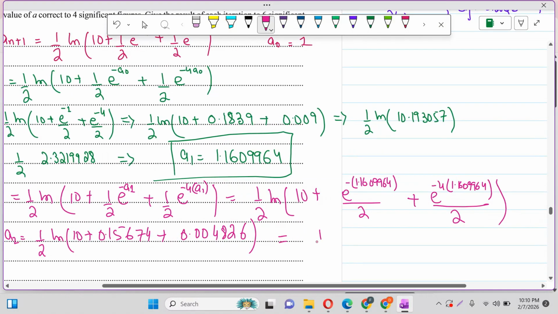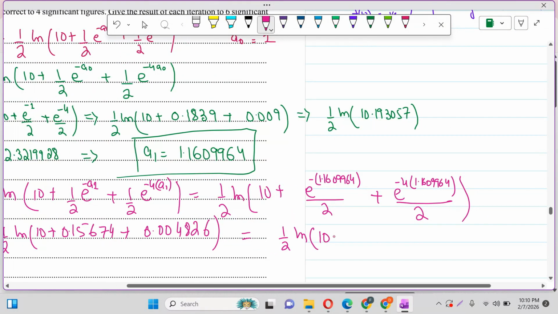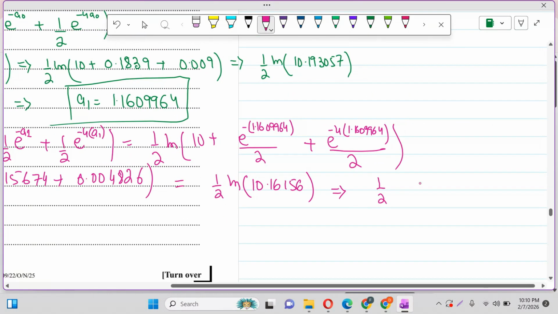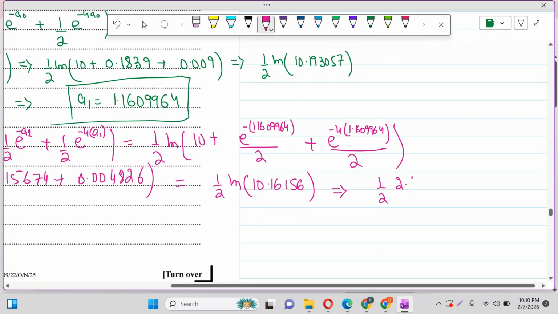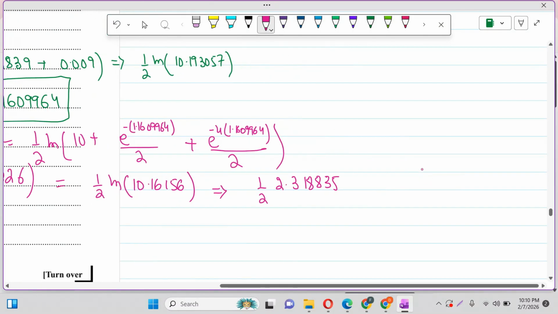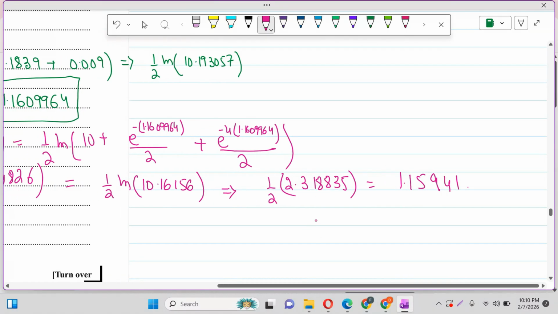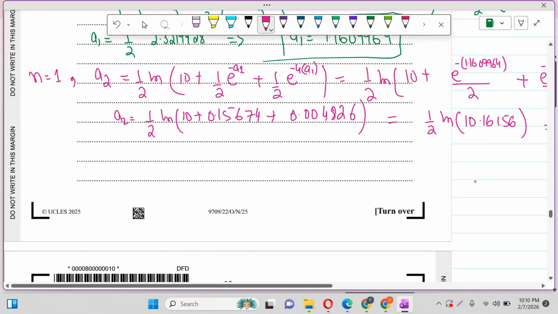Further solving, we will have half ln 10.16156. So 1 over 2 ln 10.16 is equal to 2.318835. So this one is equal to 1.15941. Okay, so we have a2.